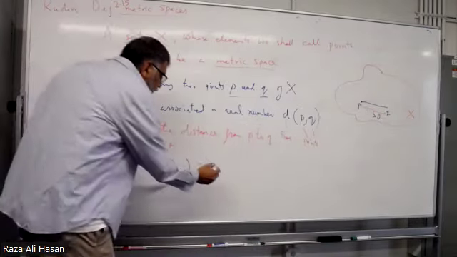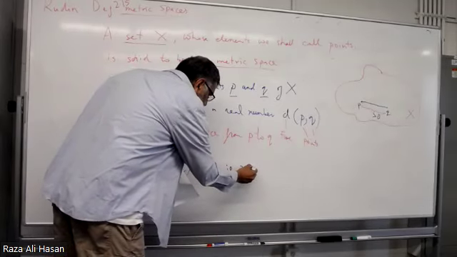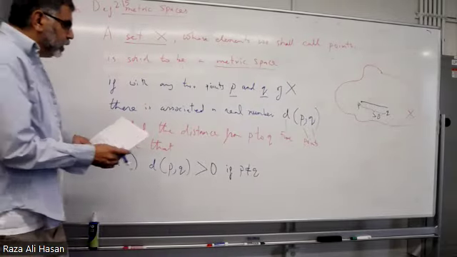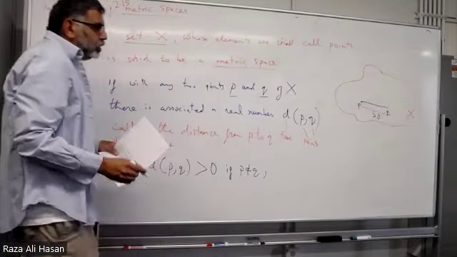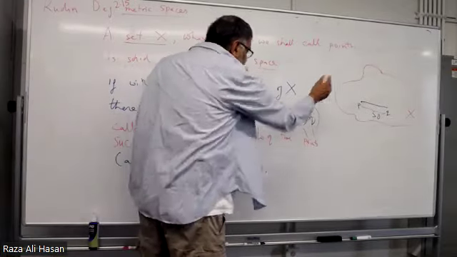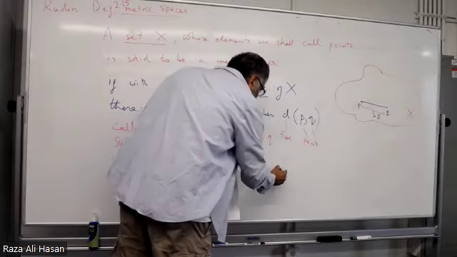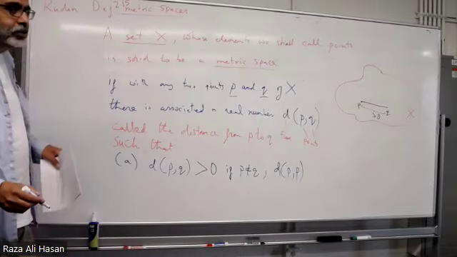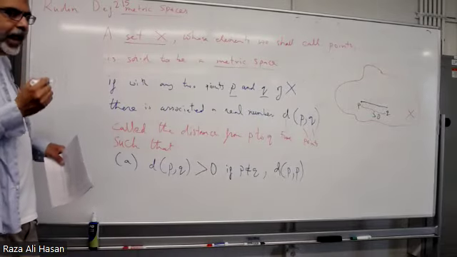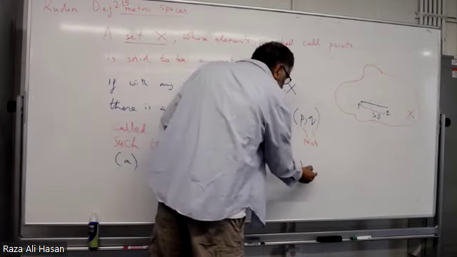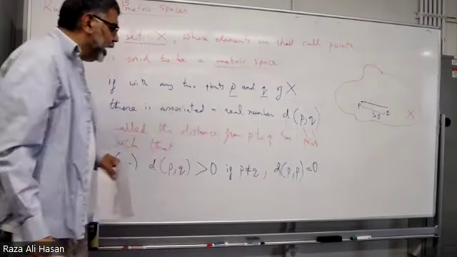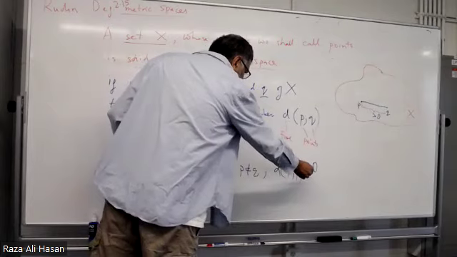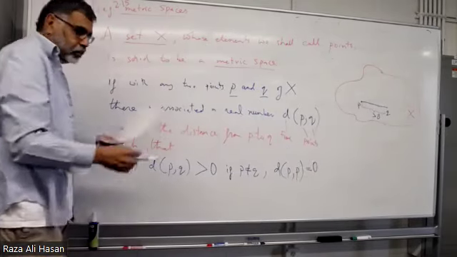And especially if P is not equal to Q, which is true the way I've drawn those 2 points. But if P and Q are the same point, in other words, in our set X, if we took a point and asked what's the distance between P and itself, it better be equal to 0. So that could be like the base case, right? So the values of the distance start from 0 all the way to however large.